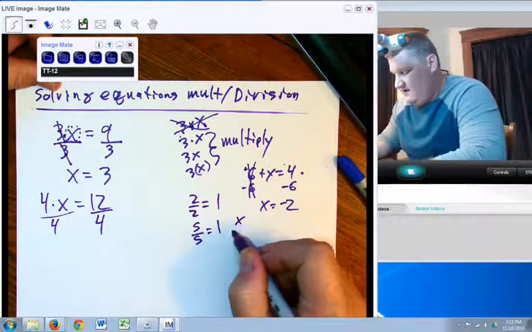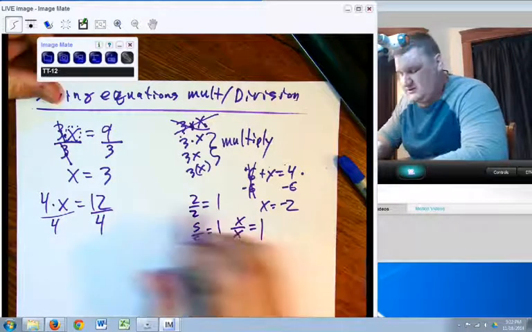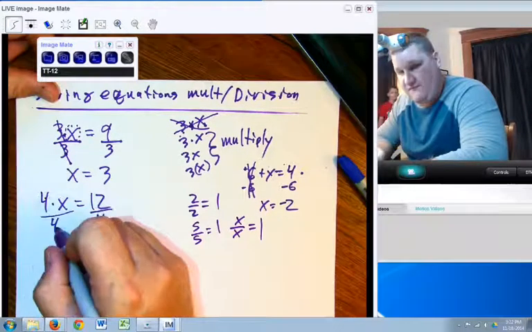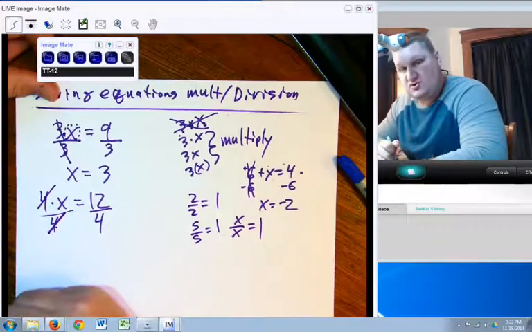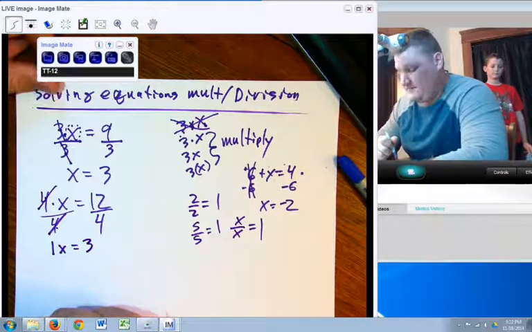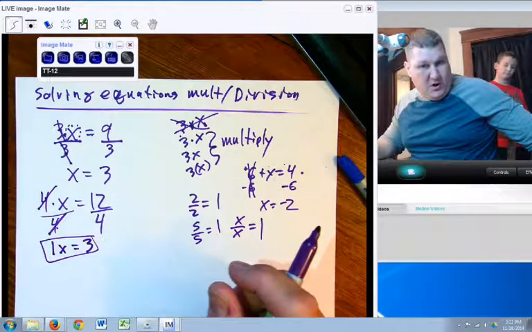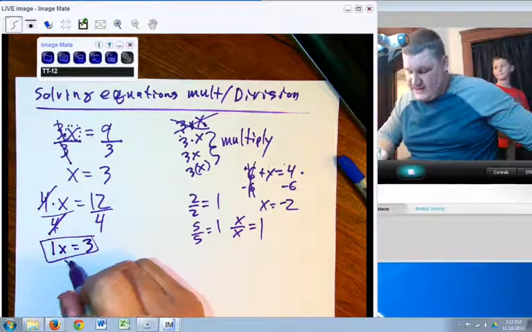Even if I have x divided by x, guess what it's going to be? 1. So when I have 4 divided by 4, those cross out and make 1, or 1x equals 3. So 1x equals 3. But we don't need the 1, it's just extra. You could just write x equals 3.